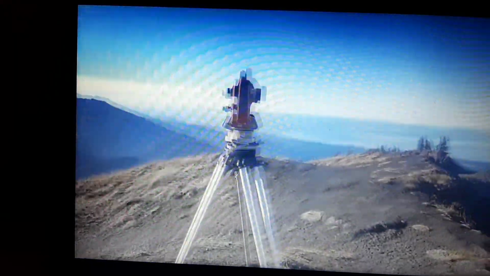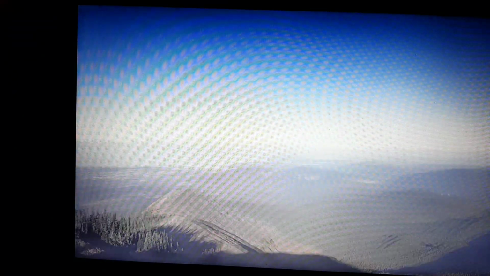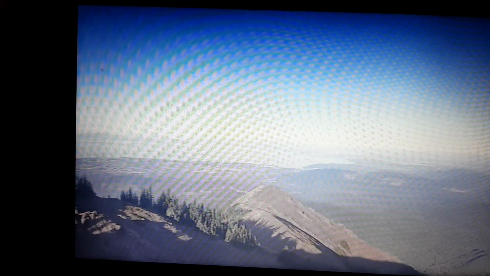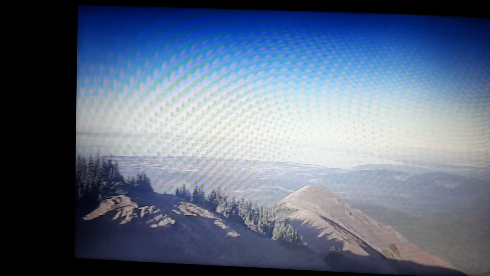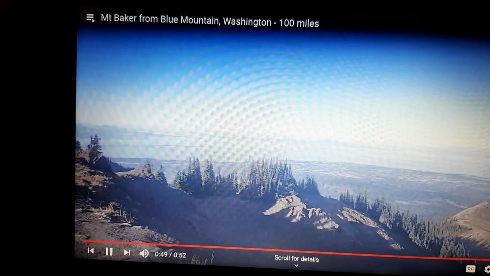There is the summit spike, surveyor's spike there. It's beautiful up here today. That's Mount Baker right there. Yeah, right there.